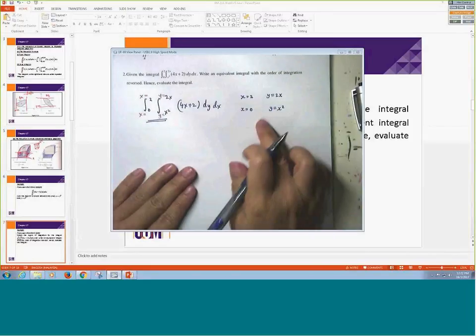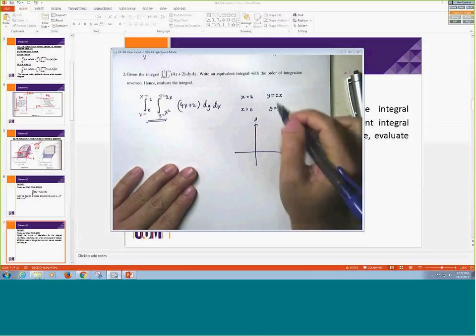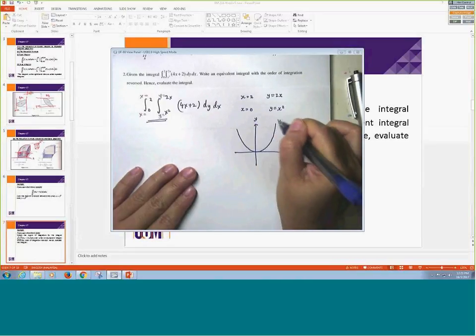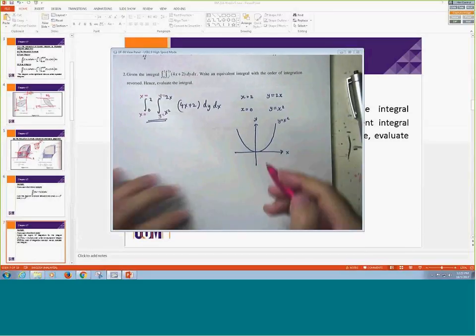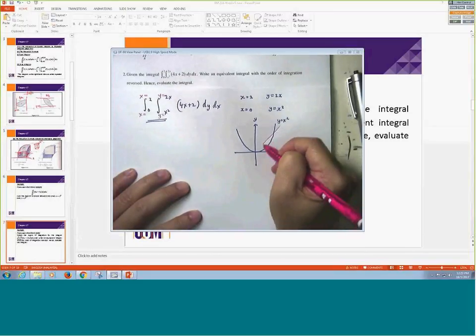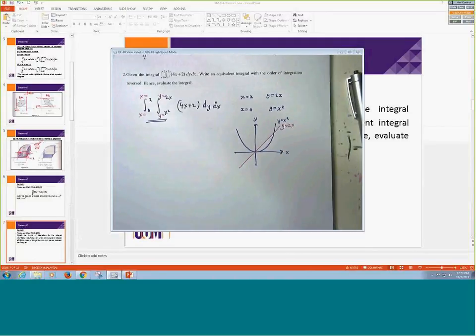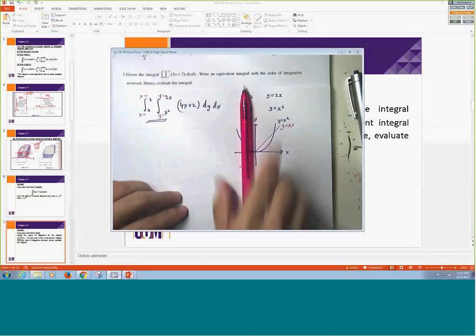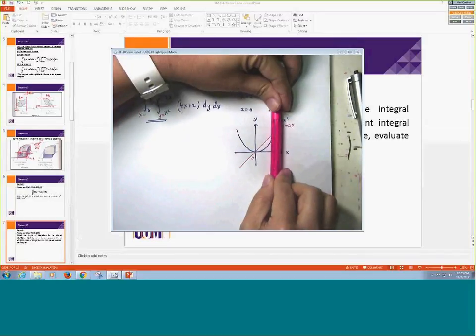So when I sketch the region R, y equals x squared is the parabola, and y equals 2x is a straight line passing through the origin. And then x is from 0 to 2. I'm not sure whether x equals 0 and 2 are the intersection points, or before or after.